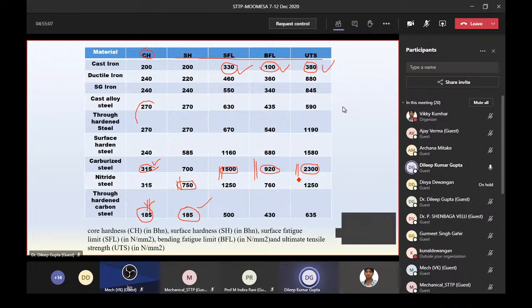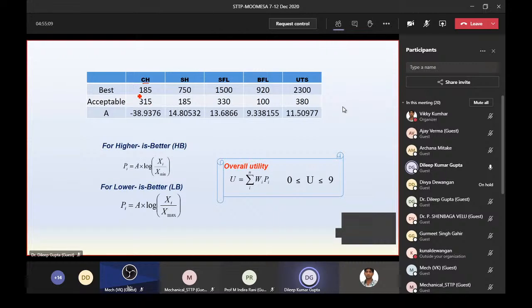Now you have the just acceptable value and the best value. These are the best values for the different criteria: core hardness, surface fatigue limit, bending fatigue limit, and ultimate tensile strength, and the acceptable value is this. Now you can calculate the value of A for individual cases.